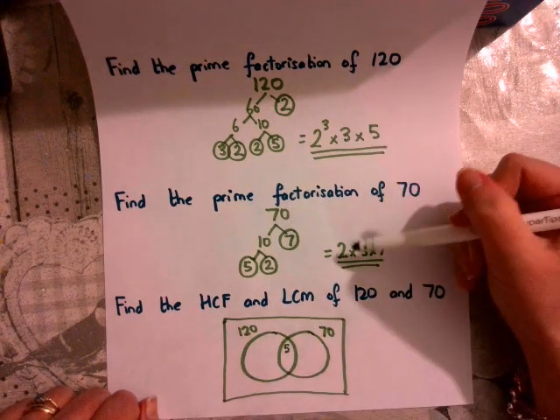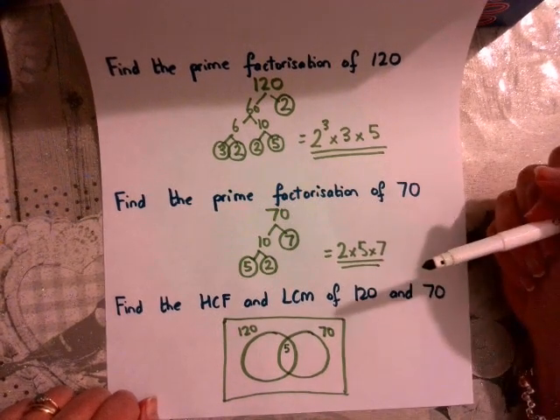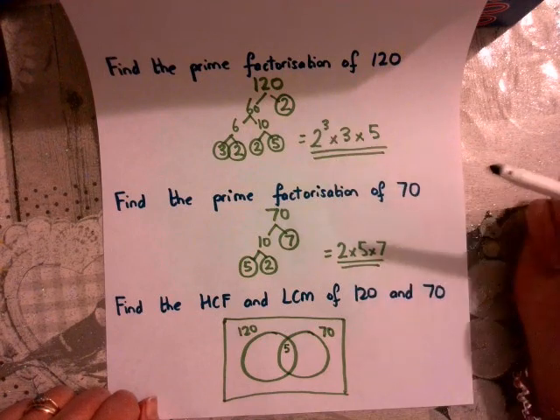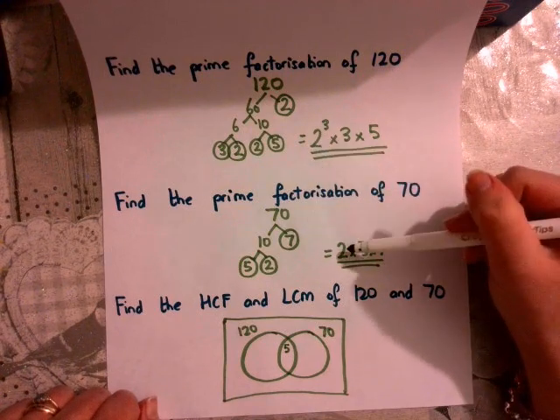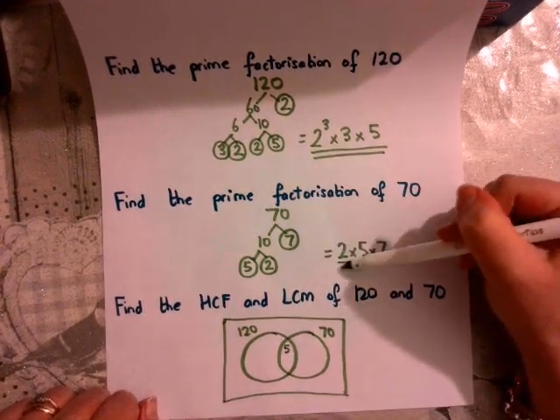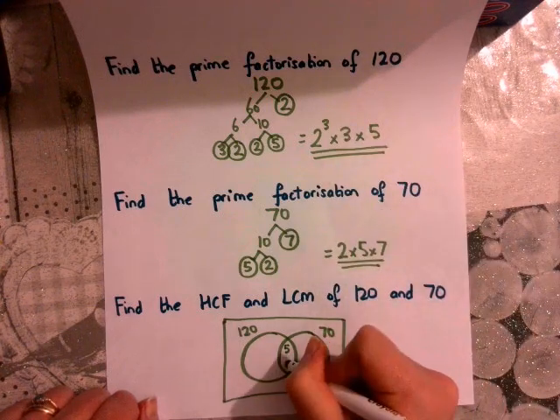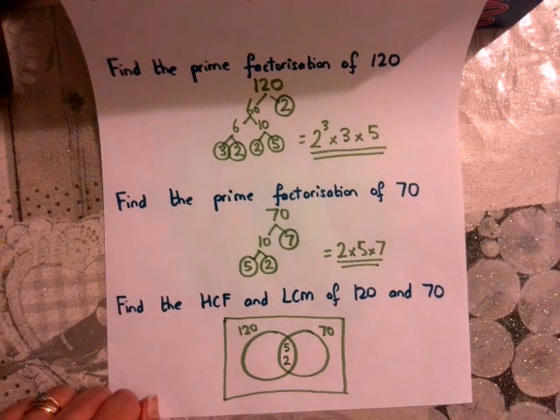That one's got a 3, but this one hasn't got a 3, so I can't put a 3 in the middle. But look, I have got a 2 here, and there would be a 2 in that 2 cubed. So I can't put a 2 cubed in the middle because I haven't got actually 2 cubed here, it's just a 2 on its own. But I can put a 2, just 1, 2, like that in the middle.